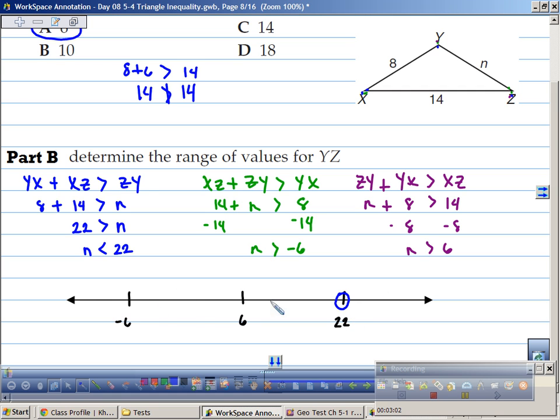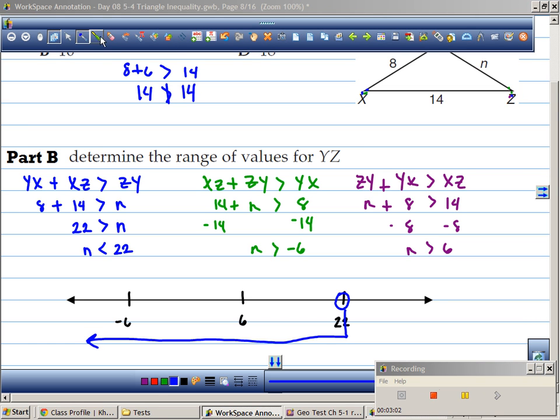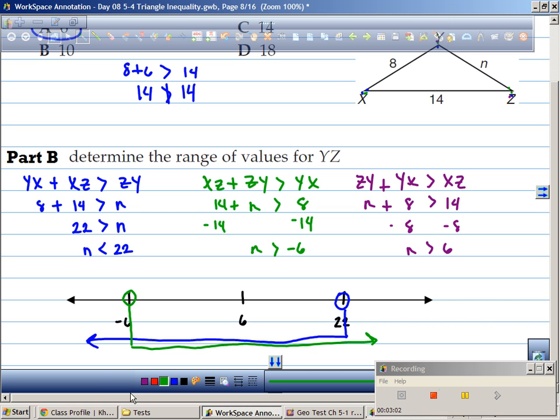Instead of making a bunch of lines on here for intersections, we're going to just do this. n has to be less than 22. n has to be greater than -6. And n has to be greater than 6.